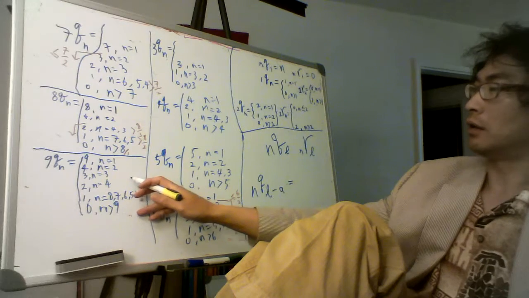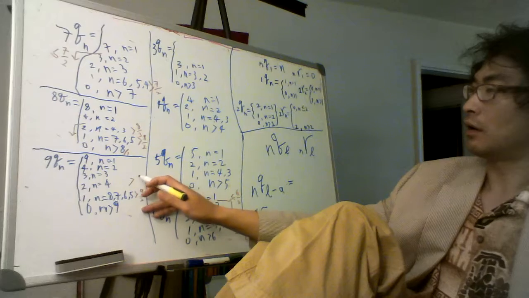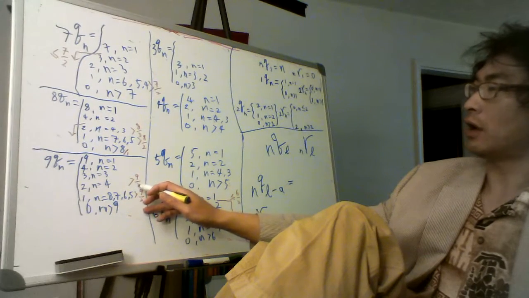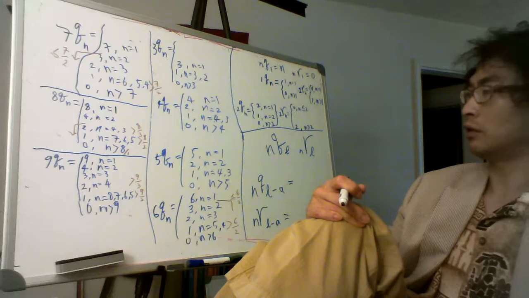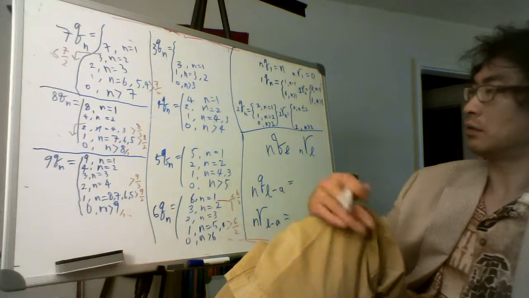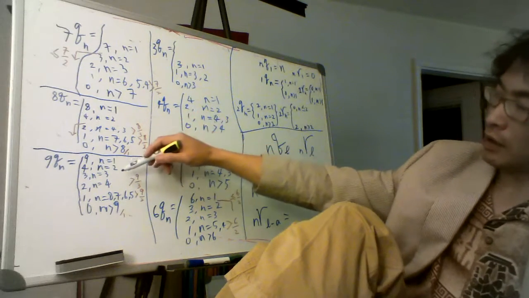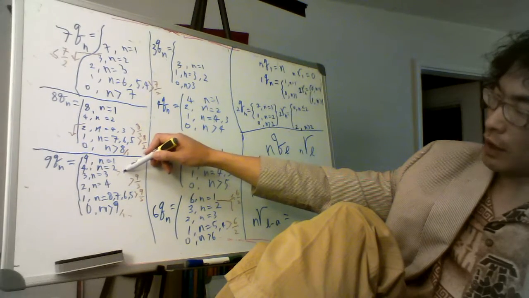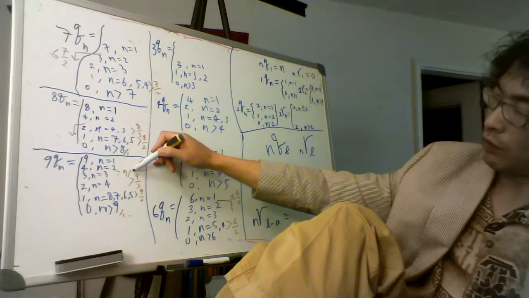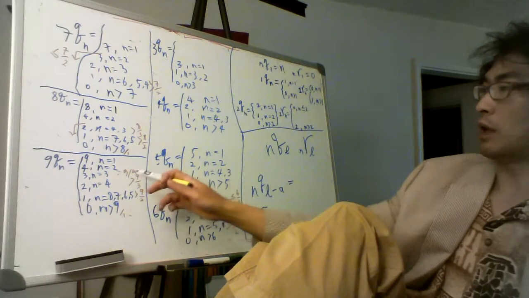How about that guy, 9 over 3? Yes, it works. This guy is bigger than 9 over 4, right? Yeah, 2 point something.